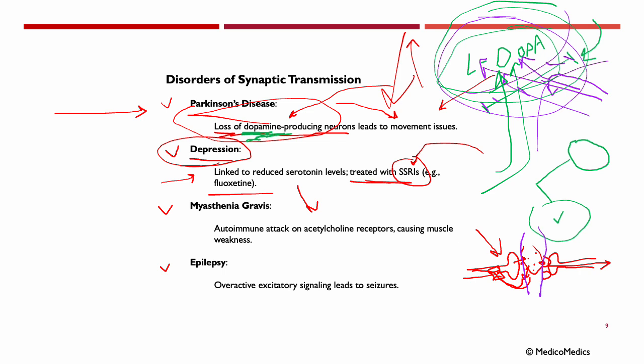Will that not increase the likelihood of this serotonin to bind to this receptor? Essentially increasing serotonin availability. Because remember, we have connected this disorder with reduced serotonin availability or levels. So can we reverse it?